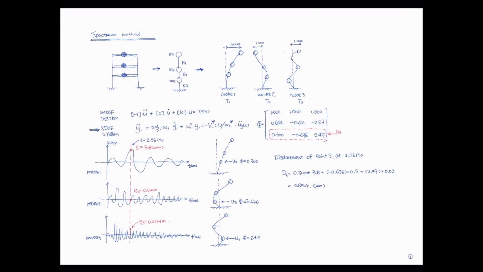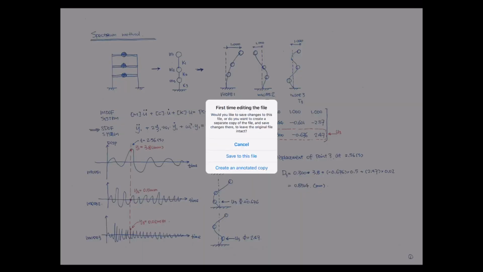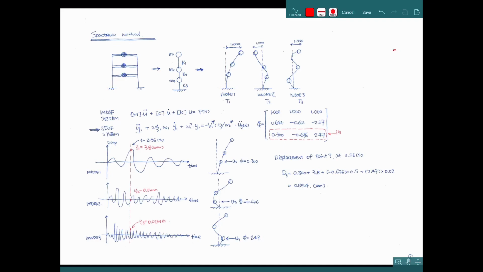So come to the special note for the MDOF system calculation. And this is the detailed calculation of the mode superposition calculation. And you can see that this is the calculation of the exact moment of this 2.56 second.